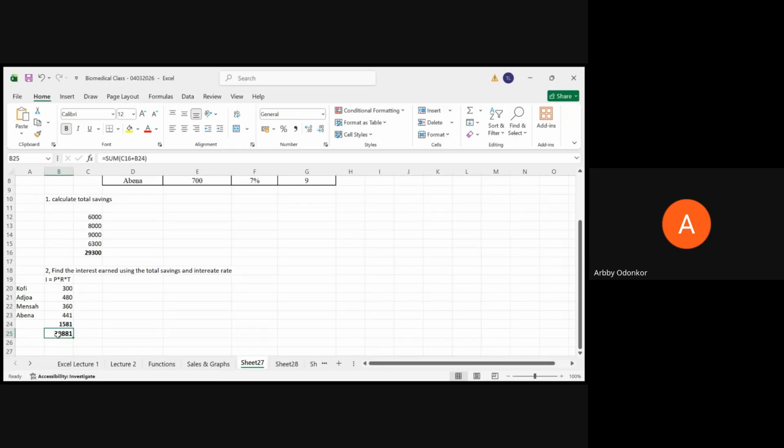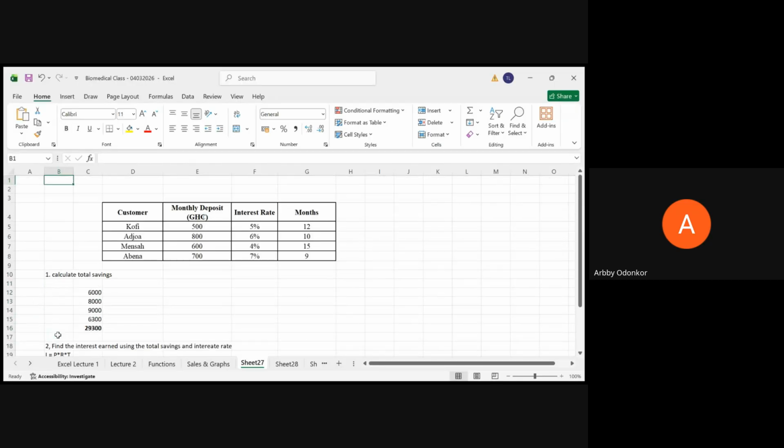Average savings. We have done average. The whole thing is assignment. The one that we didn't do was calculating the average of the interest rates and the total savings.